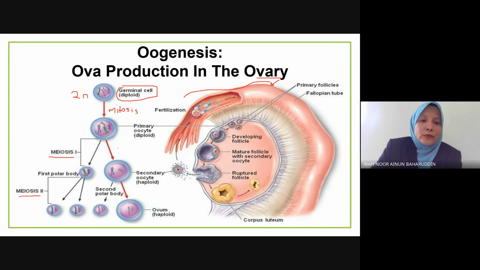So basically, during meiosis 1, the primary oocyte divides into two types of cells.